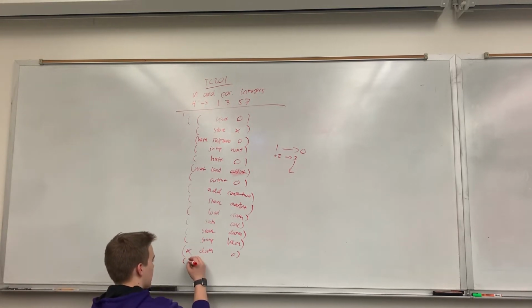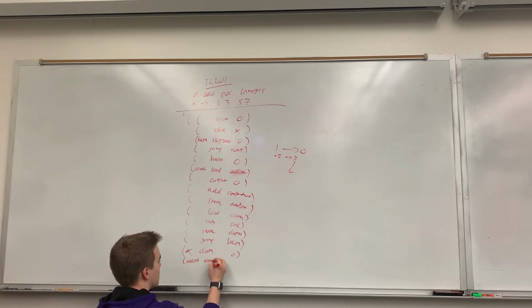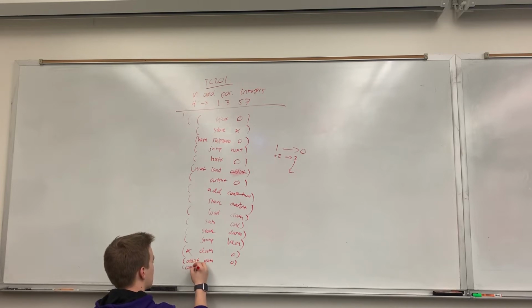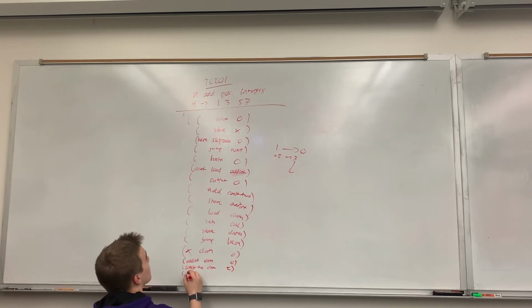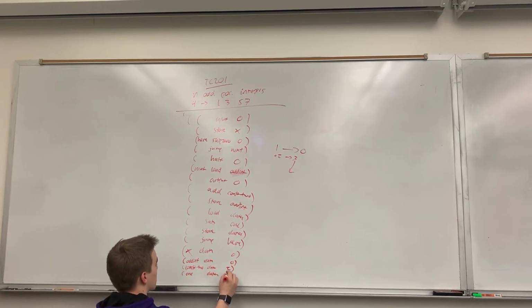Oh, this is a little bit bad. Odd int data 0, const 2 data 2, and then I have odd int, I have const 2, and I need 1. 1, data 1, close that.